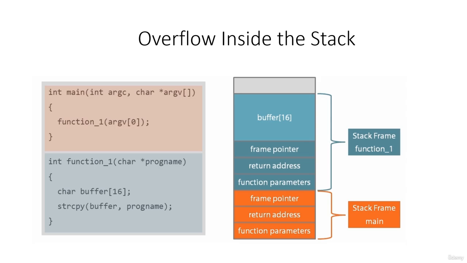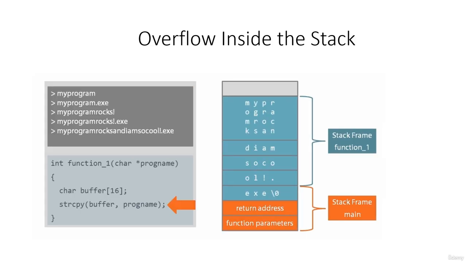So do you see the buffer overflow condition that can result if the name of the program is longer than 15 characters? Let's visualize it. Let's say the name of the program is myprogram, and when we run myprogram, the name of the program is passed to function 1, which uses the string copy function to copy the name into the buffer.